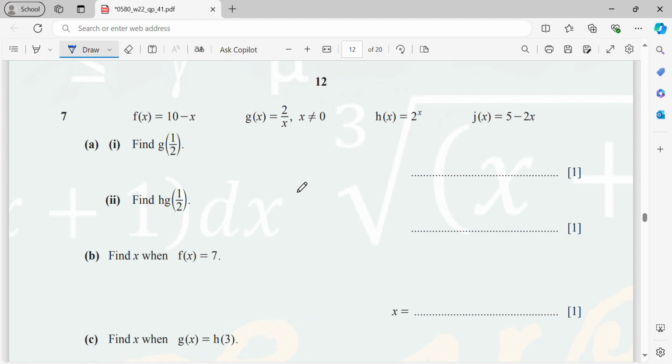Right, now question 7. Given f(x), g(x), h(x), and j(x), find g(half). So for g(half), you just refer to g(x) and replace the x by half. Okay, so now here, g(half) is basically 2 over half.